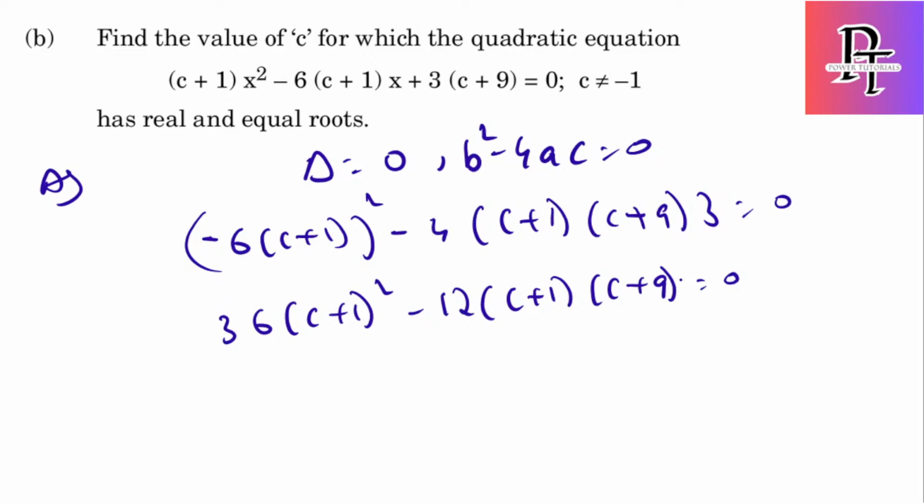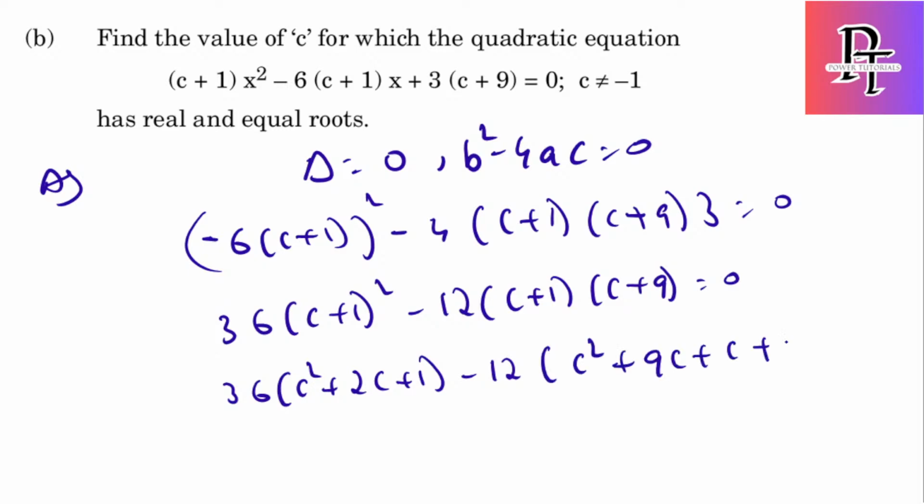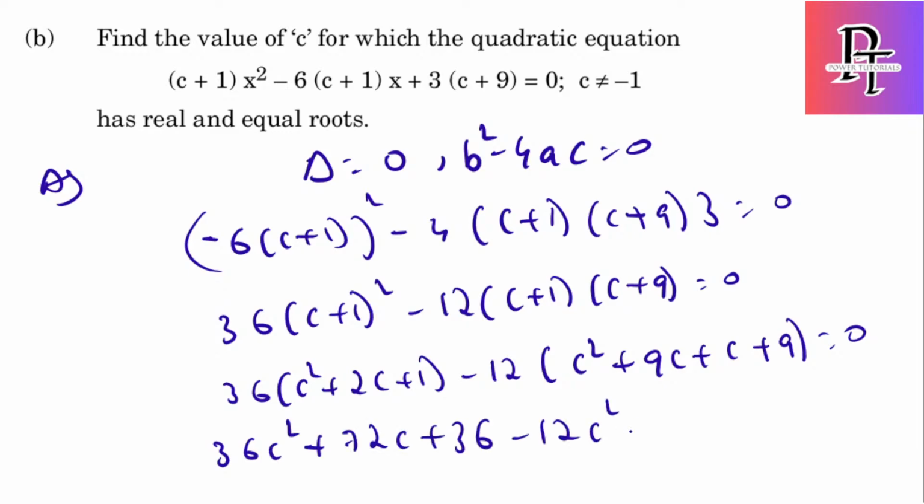So 36 into c square, using a plus b whole square, a square plus 2ab plus b square, minus 12 into c square plus 9c plus c plus 9 is equal to 0. So it becomes 36c square plus 72c plus 36 minus 12c square minus 120c minus 12 nines are 108 is equal to 0.